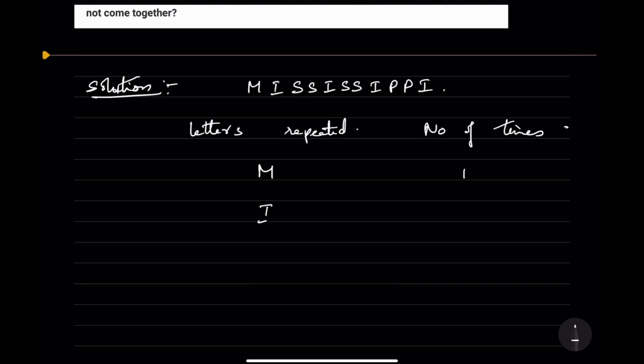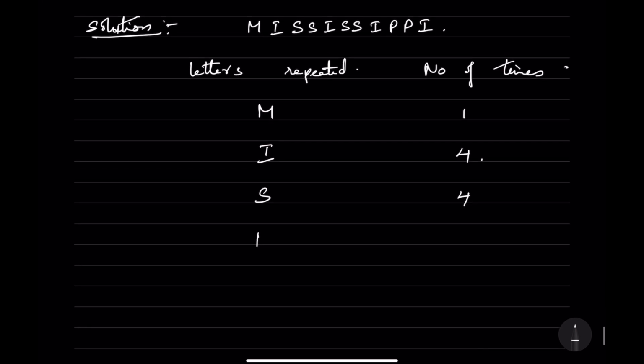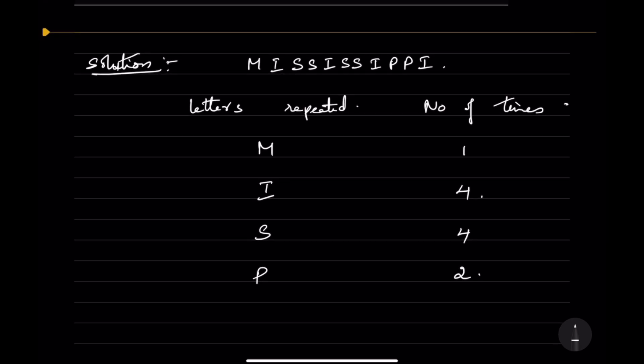Now I is repeated how many times? 1, 2, 3, 4. 4 times it is repeated. Then S is repeated how many times? Again 4 times. Then you have P. P is written 2 times. So here these are the number of times each letter is repeated.